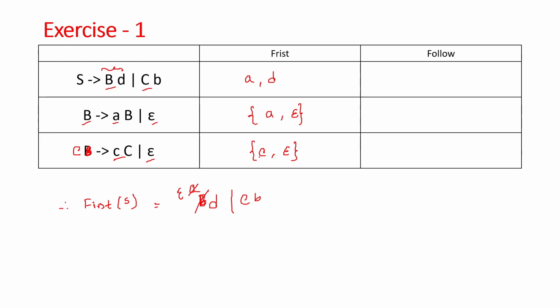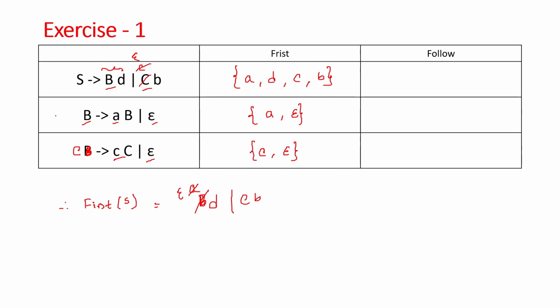If I replace these values here, instead of C, if I write just C, I get the first is C. And if I replace epsilon, epsilon means empty, so it will be only B. So this is my first for S.